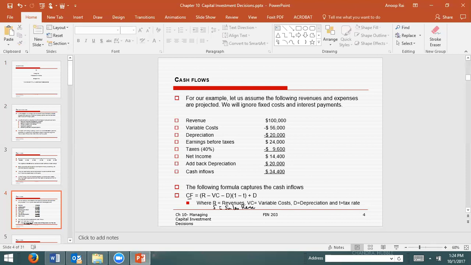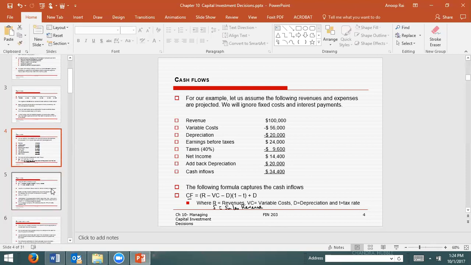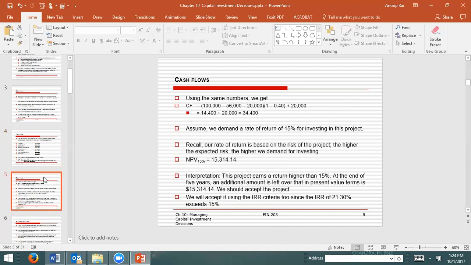So some will use S minus VC, but that's just a minor point here. So if we were to use our numbers, we'd do 100,000 revenue minus the variable cost, minus the depreciation, take away the taxes, add back the depreciation, and get 34,400.